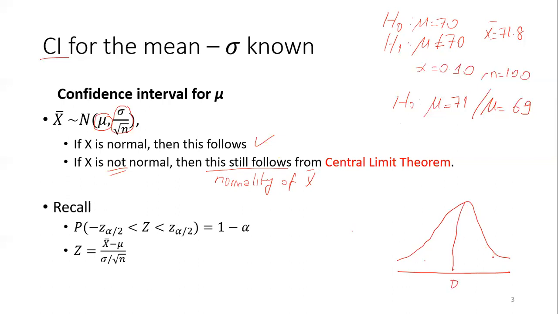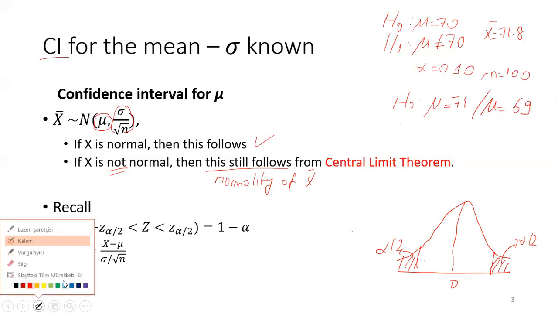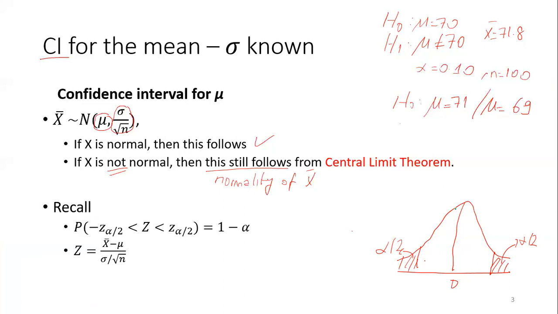So if you just take alpha over 2 from here and alpha over 2 from here, what is left, the shaded region inside from here to there, is 1 minus alpha, right? And this point is minus z sub alpha over 2, and this is z sub alpha over 2, okay?